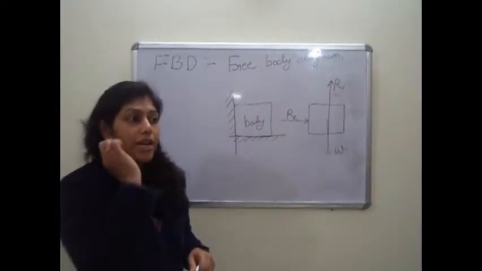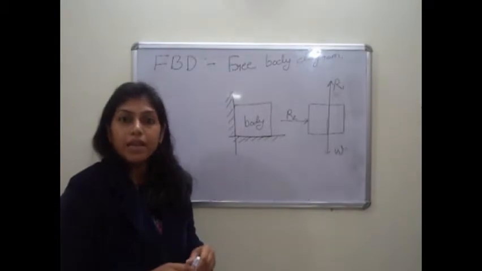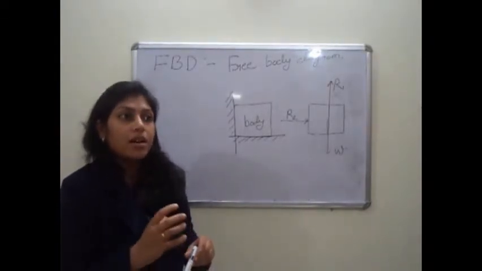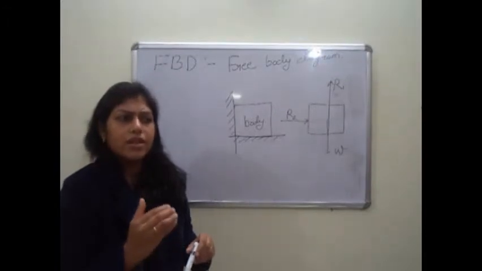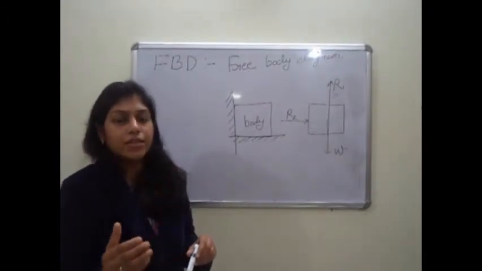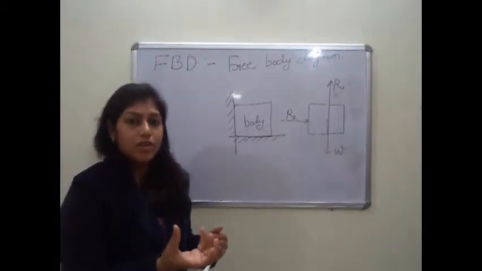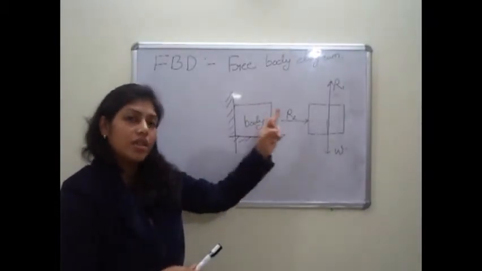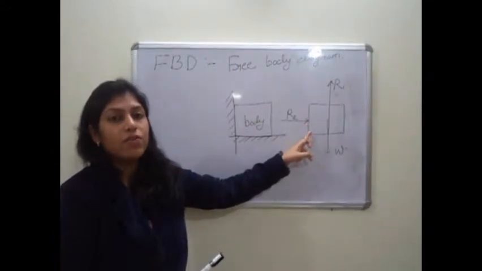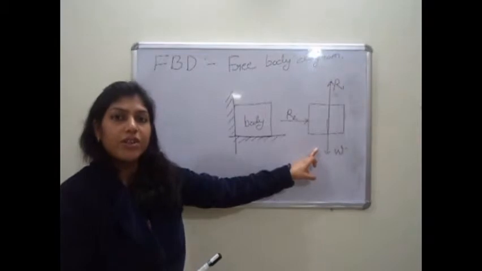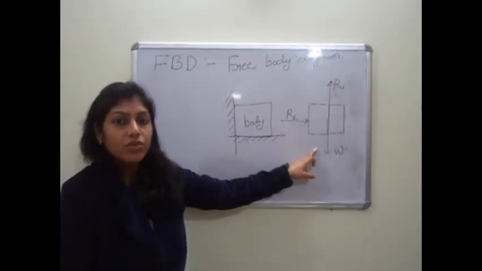We can make the free body diagram for any single body of a system, any subsystem, or for the entire system. We have to show the externally applied forces, the reactions which replace the supports, and the self weight of that system or structure.